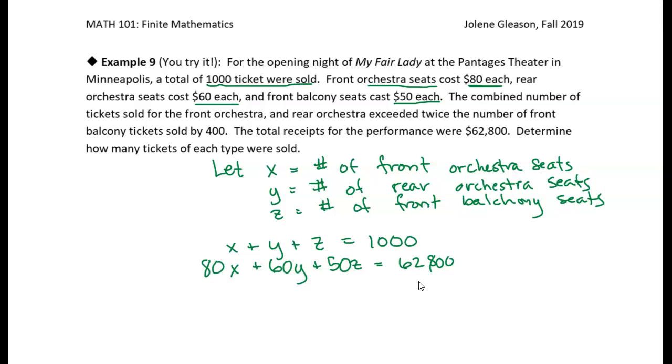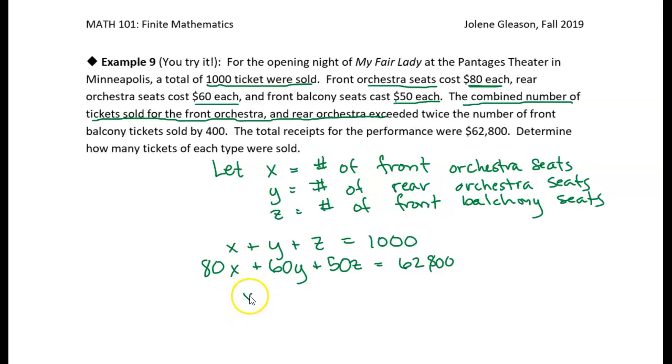Now there's this middle sentence here. It's the combined number of tickets sold for the front and rear orchestra. Okay, so let's write that down. Front plus rear orchestra.